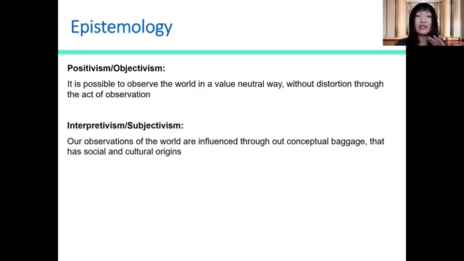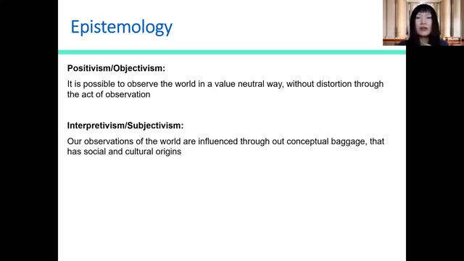Many things can influence the interpretation. It could be our cultural understanding or cultural background, or any other background that we have, that could influence the way we interpret reality. For example, one behavior in one religion may be regarded as good, while the same behavior in another religion may be regarded as bad.